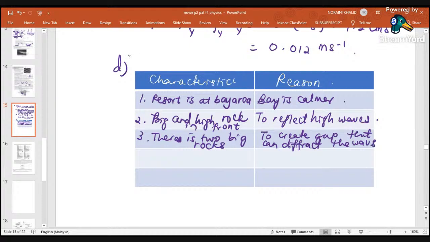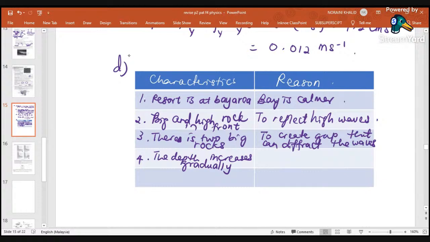Okay, for diffraction purpose. And then the next aspect is about depth. The depth of water increases gradually. There is no sudden increase, which is very dangerous for swimming.